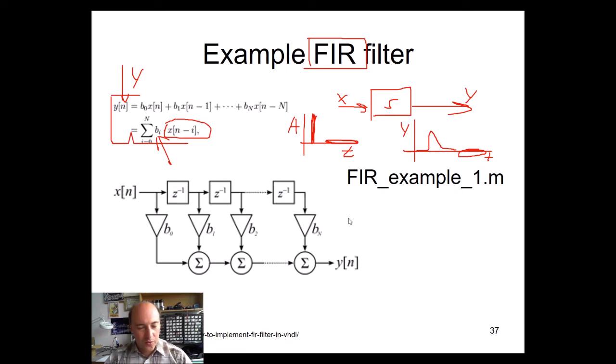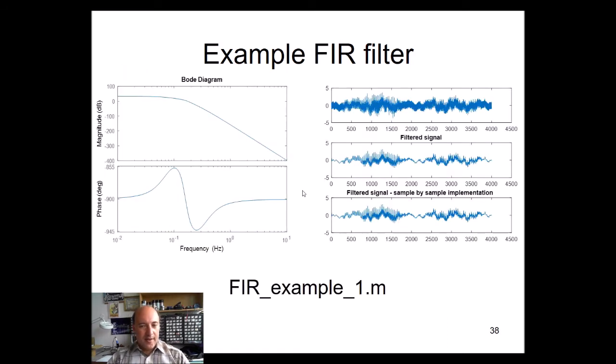Now, we will not go through the design of the filter, but I will show you the frequency response of this filter. In MATLAB you can plot the magnitude diagram, which is the amplitude versus frequency, or you can plot the phase diagram, phase versus frequency. Here you can see that this kind of filter that I have just designed acts as a low pass filter.